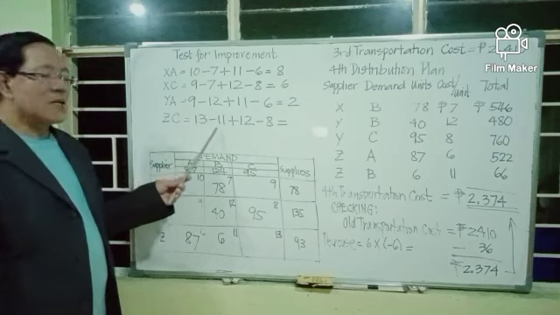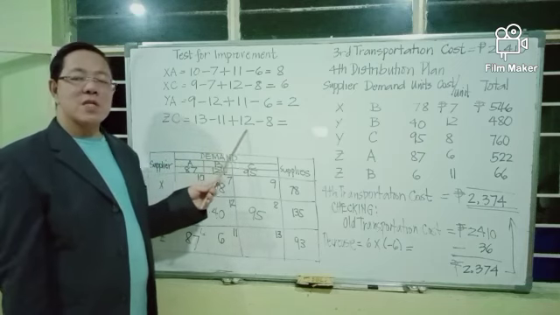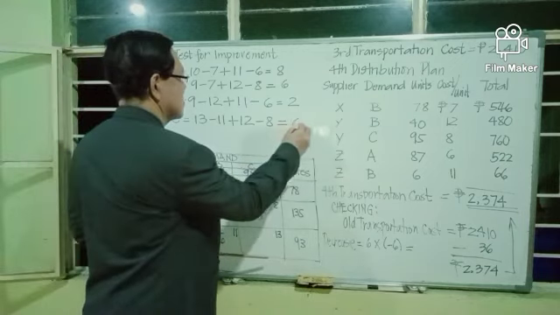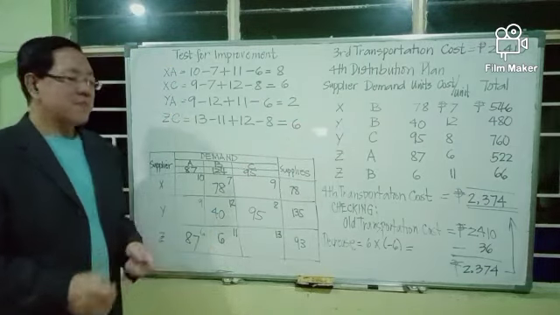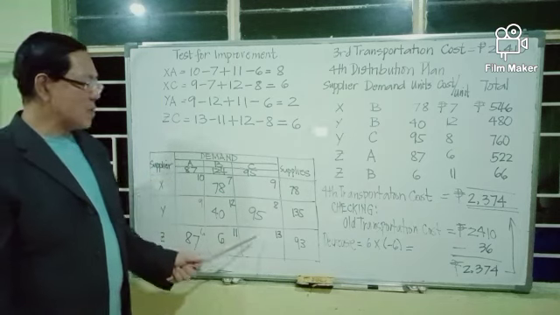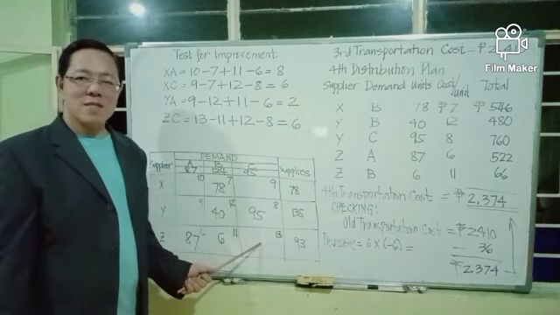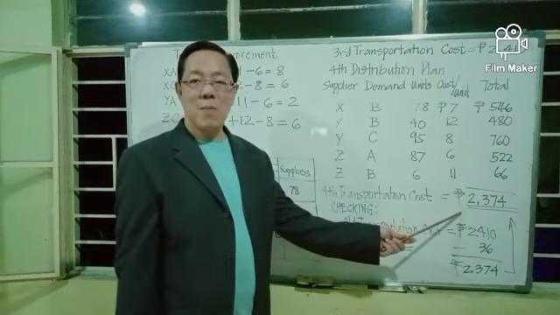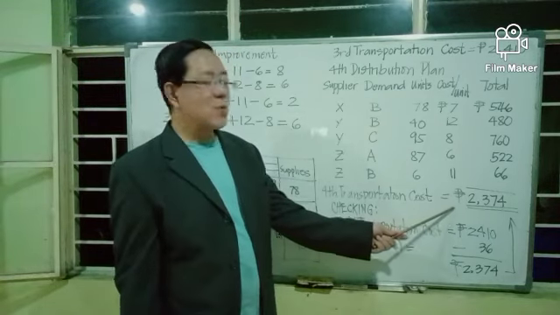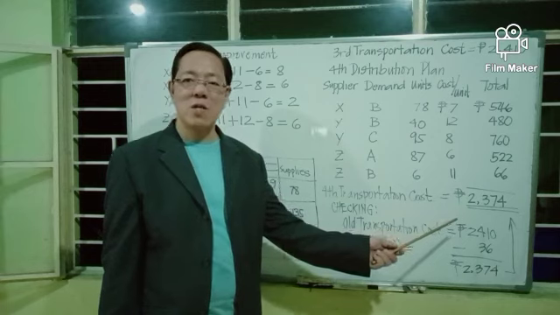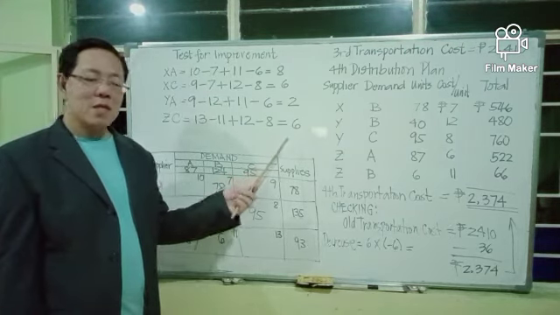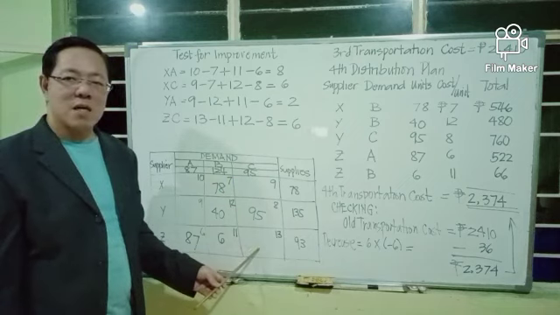We have 13 minus 12 is 2, plus 12 is 14, minus 8 is 6. If you transfer some units to the vacant cell ZC, the most recent transportation cost of 2,374 pesos will increase by 6 pesos for each unit that you will transfer to this vacant cell.